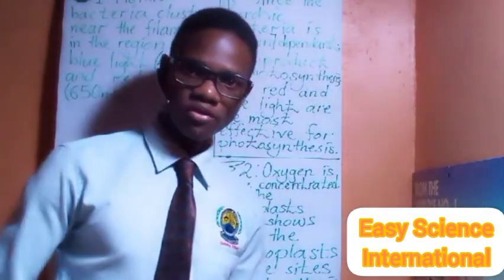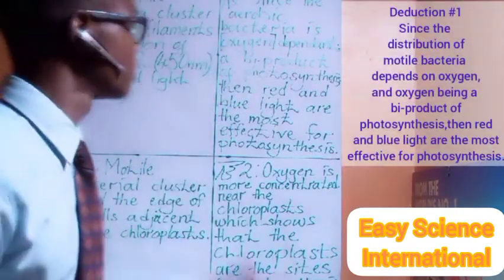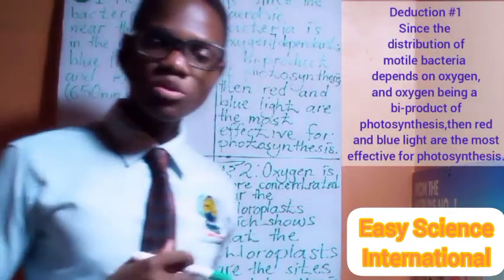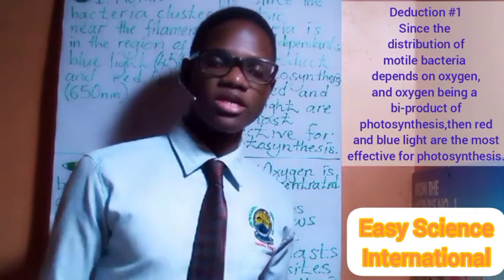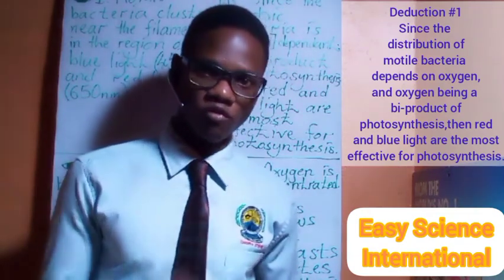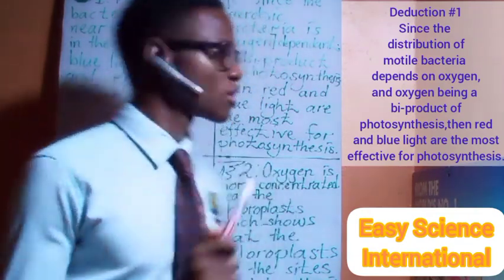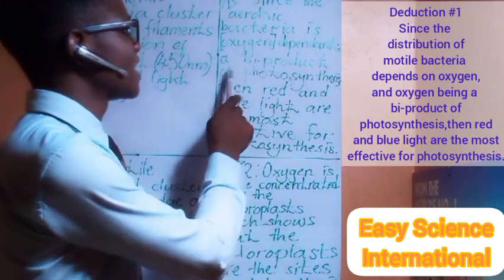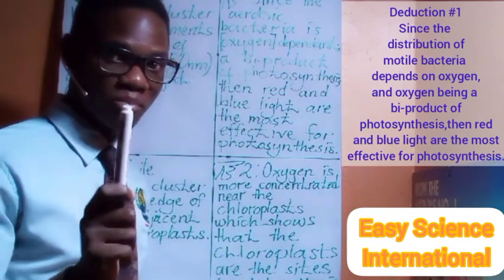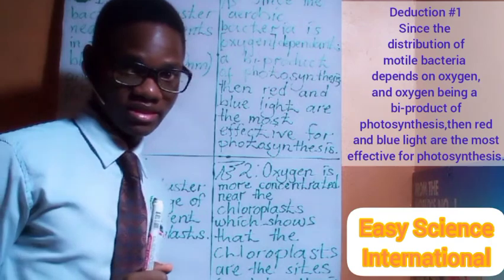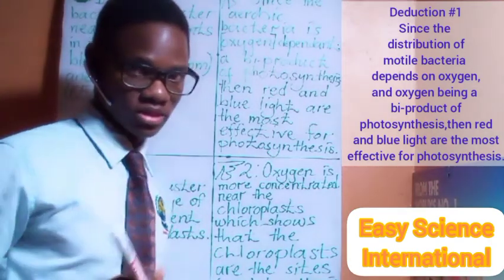What do we deduce from here? Deduction number 1. Since the distribution of aerobic bacteria depends on the concentration of oxygen, and oxygen being a byproduct of photosynthesis, remember the equation of photosynthesis?